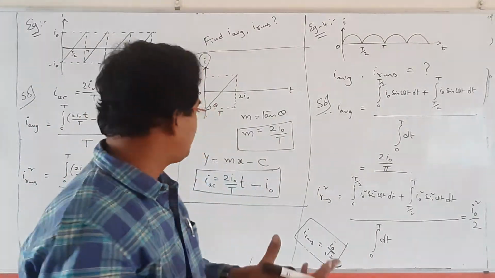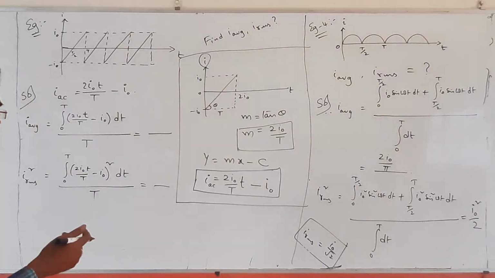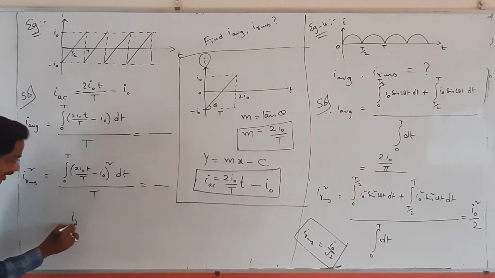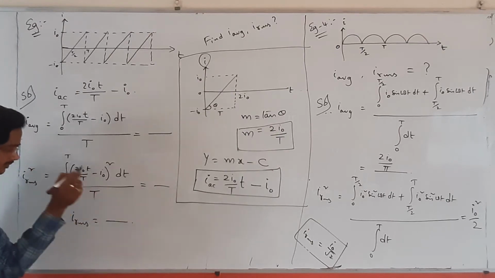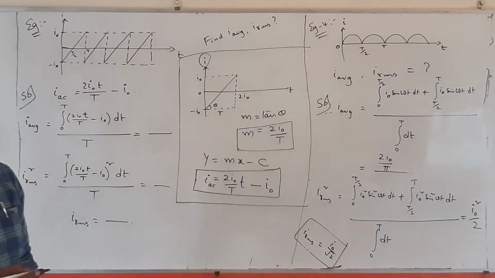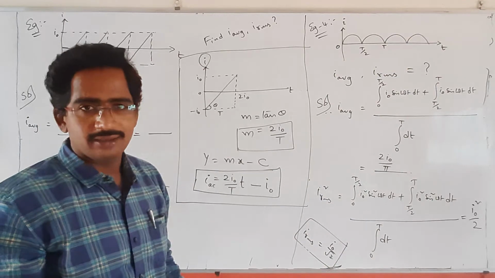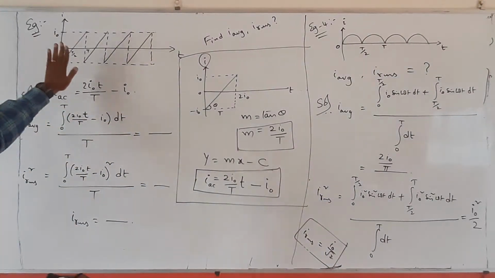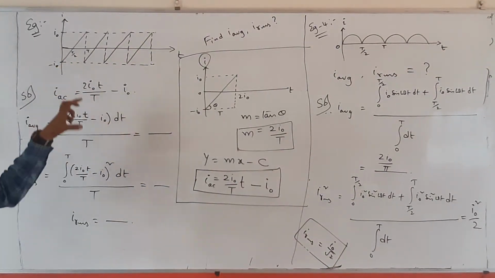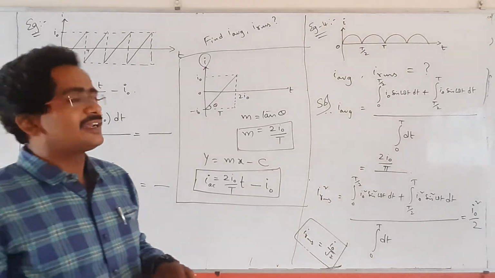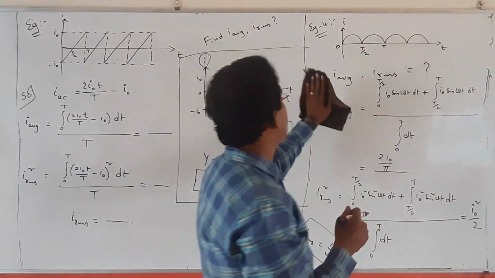Then from IRMS square you have to find IRMS. Okay, so this is the method of doing the problems. You have to solve them and send me the answers. Okay. Next problem.